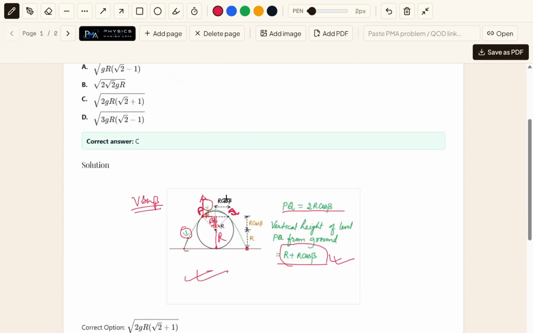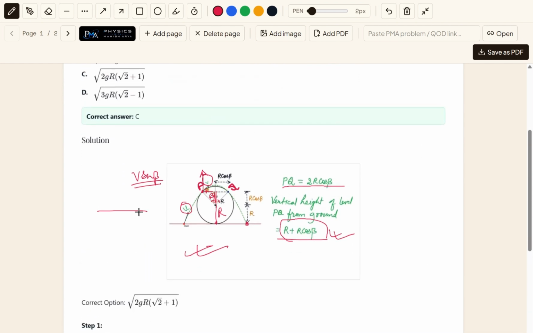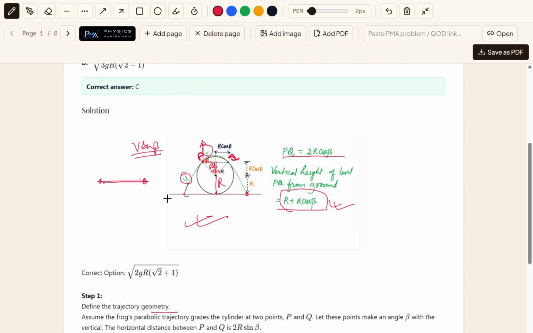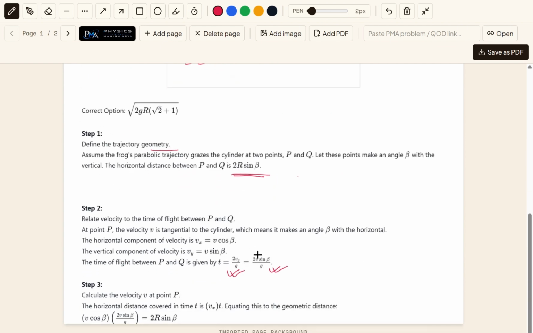And then we can also have this PQ. This distance PQ is going to be covered with V cos beta, right? The time we have already found. So what is your time? Time is 2V sine beta by G. And this PQ distance is going to be velocity in x direction, V cos beta, times the time, 2V sine beta by G, right?